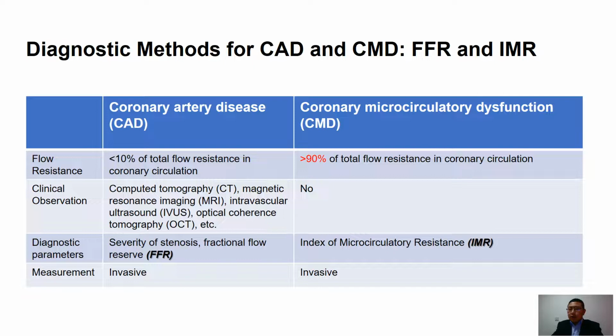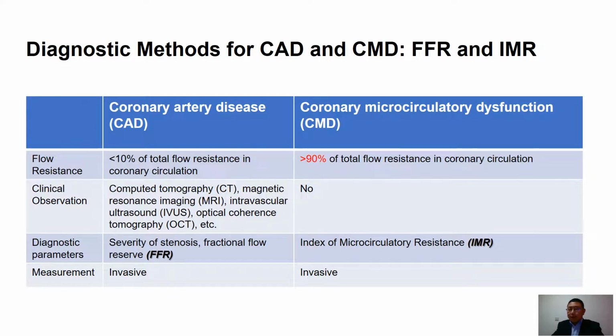Regarding the standard of diagnosis, currently, the gold standard for CAD is fractional flow reserve, or FFR. FFR describes the remaining ability of an epicardial artery in generating maximum blood flow. The severity of artery stenosis is also a commonly used geometric parameter. For CMD, we use Index of Microcirculation Resistance, or IMR, which describes the flow velocity in coronary microcirculation.